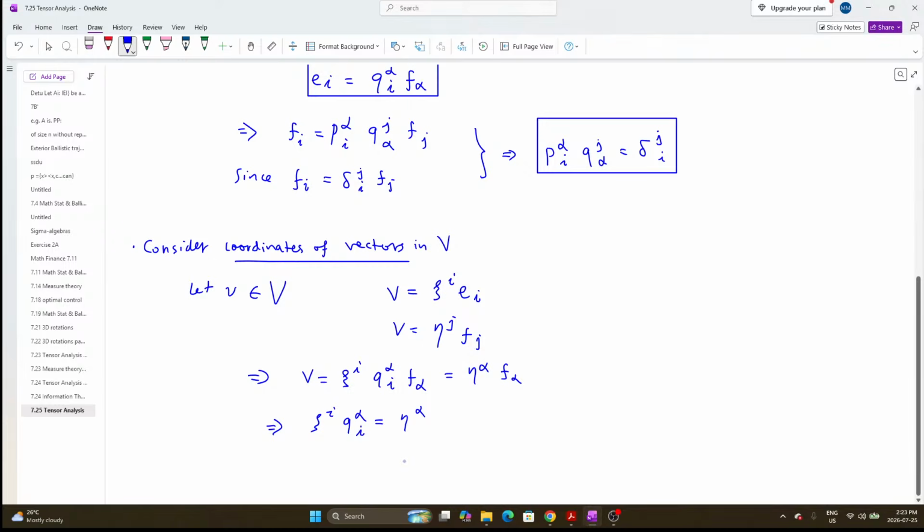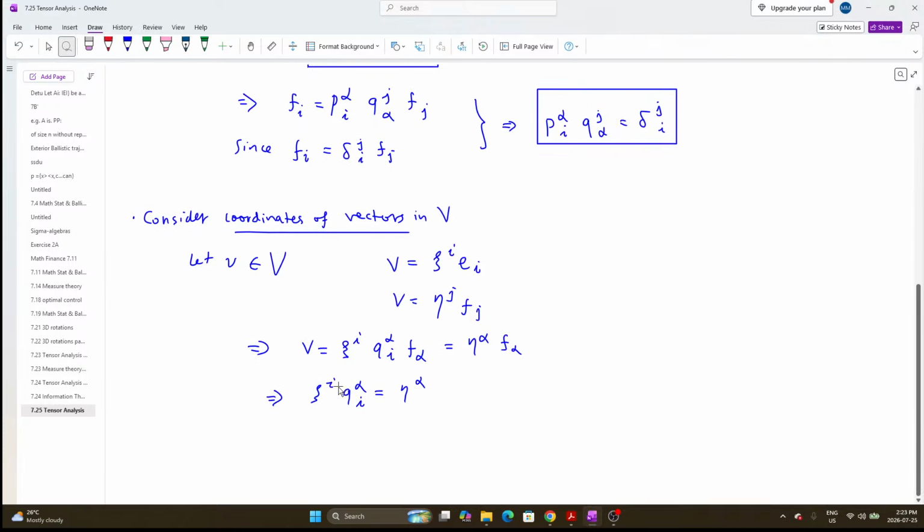So what does this say? The new coordinates, eta, are the old coordinates times this matrix Q alpha I. This is the new coordinate, and this is the old coordinate, and they're related by this Q matrix.